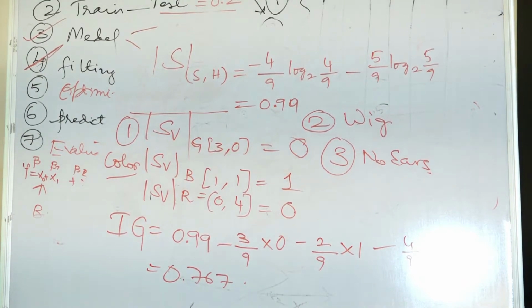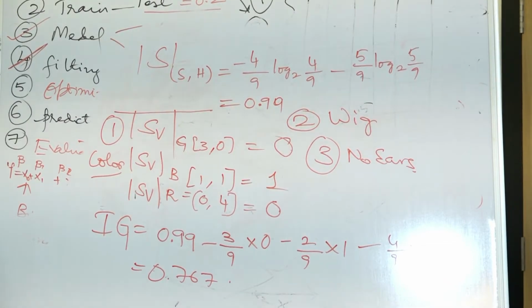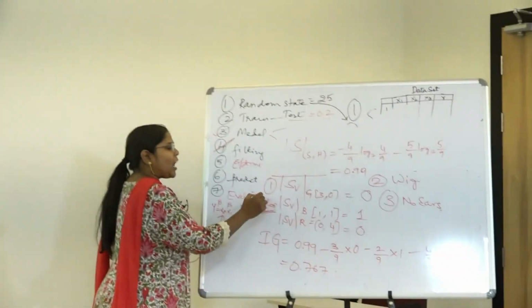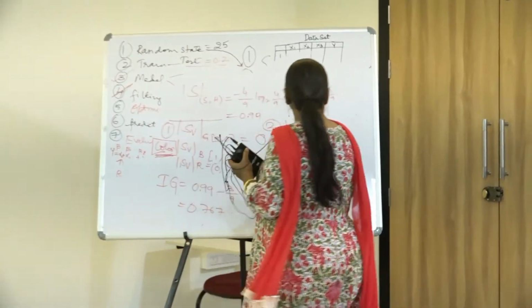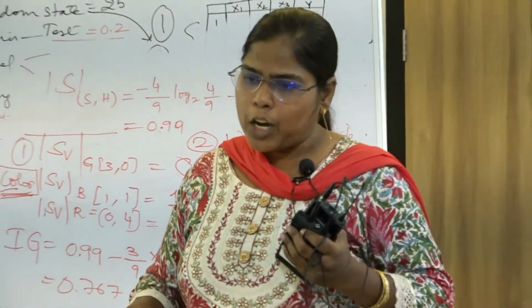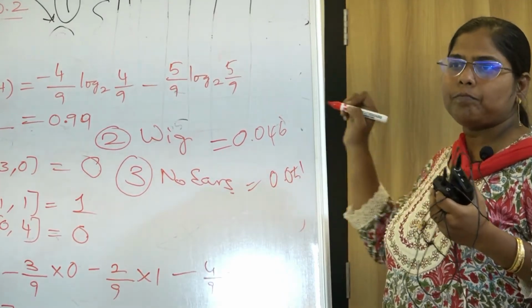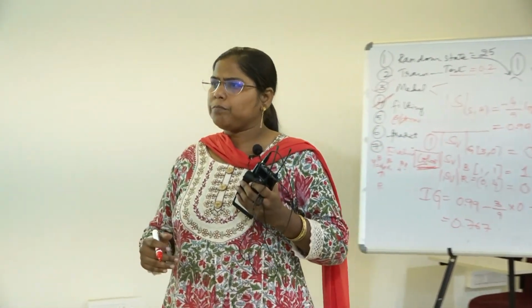We need to do the same on the samples of the root node, on green, blue and red. We got color as the highest information gain. This we got 0.046 and this we got 0.051. Whichever gives the highest gain becomes the root node.